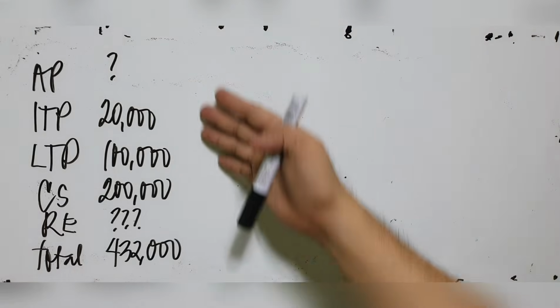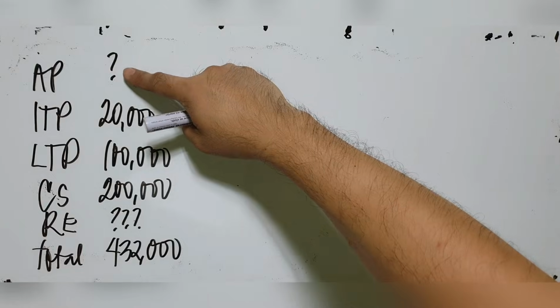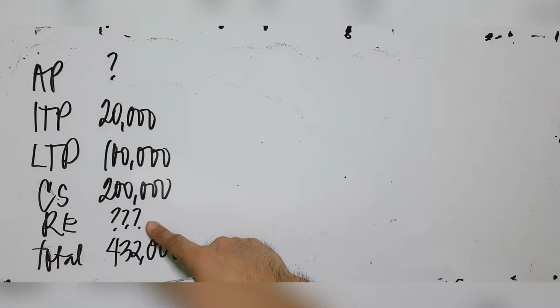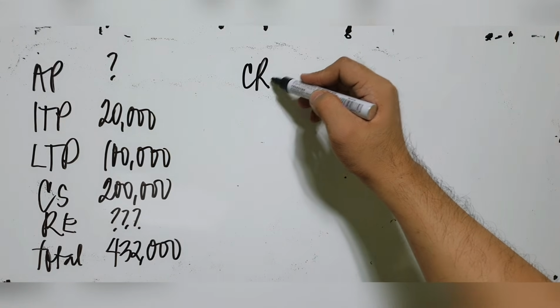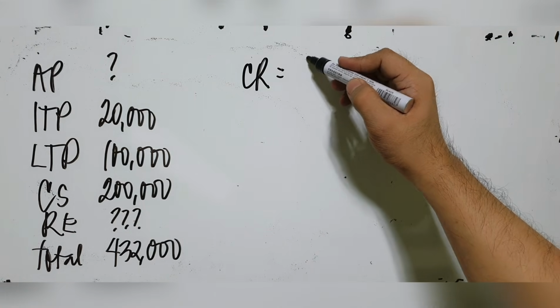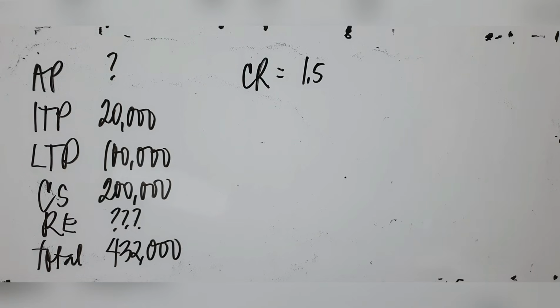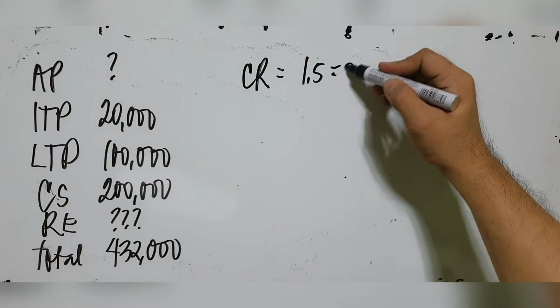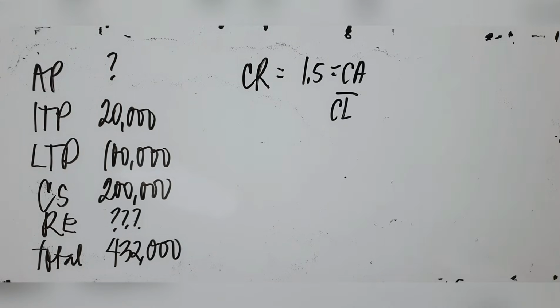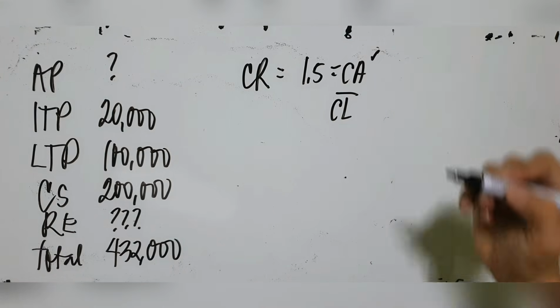And the last item in problem number 9, erase muna natin. Okay. So sinulat lang natin yung nasa liabilities and equity section ng ating balance sheet. So ang nawawala sa atin ay accounts payable and retained earnings. So asset section kompleto na. Now, given tayo ng current ratio na 1.5:1. So that would be your CA over your CL. So compute natin, alam na natin kung magkano yung CA natin.